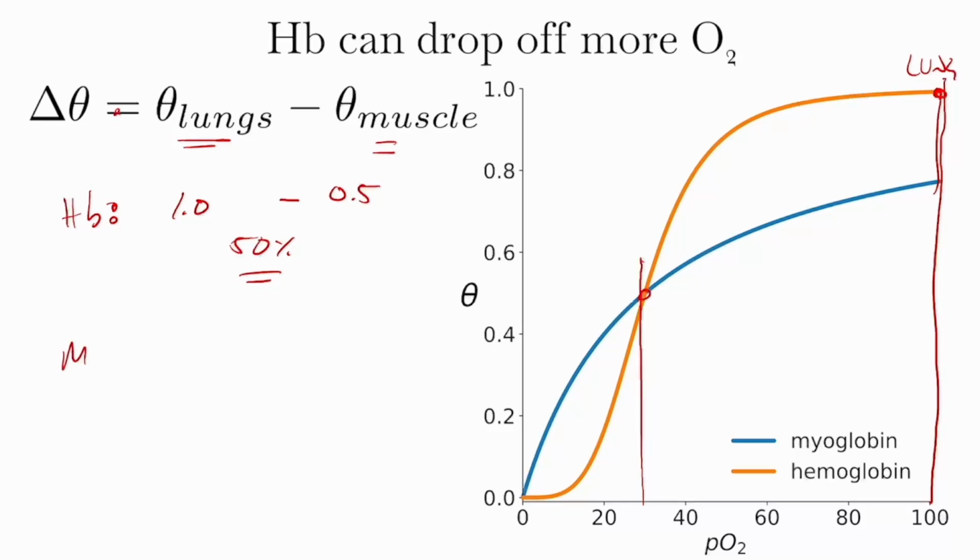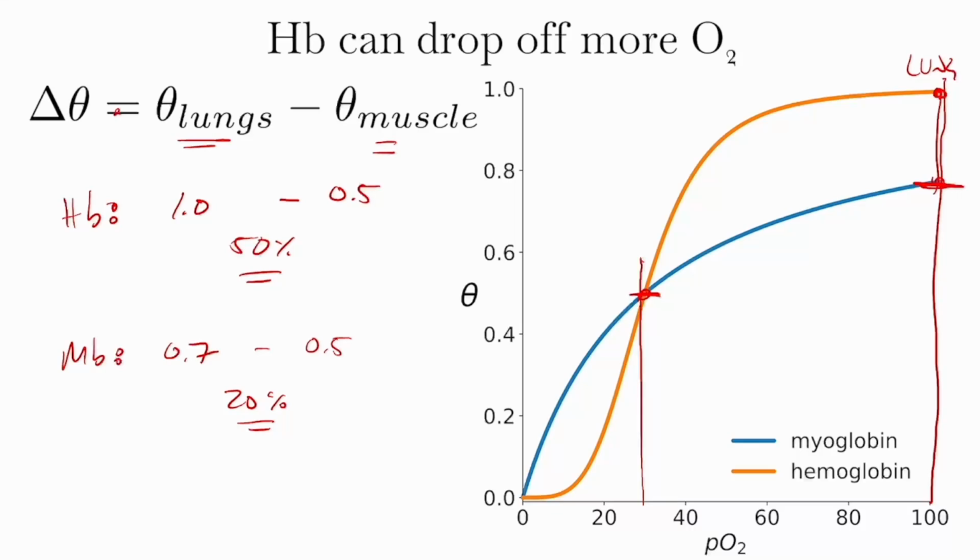If we look at myoglobin, we see that it goes from, say, 0.7, that's what the fractional saturation is at 100 torr, down to 0.5. So about 20% of myoglobin molecules dropped off their load.